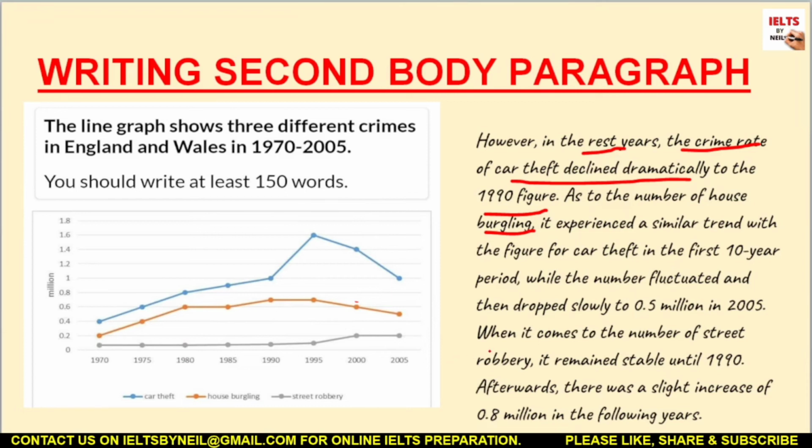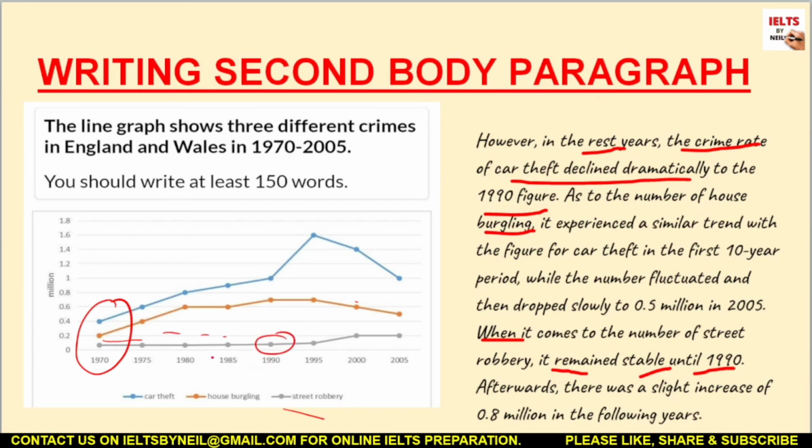Now coming on to this one, when it comes to the number of street robberies, we have only talked about the beginning of the street robberies. So let's see what it is. It remained stable until 1990. Means this gray line, street robbery, remained stable until 1990.